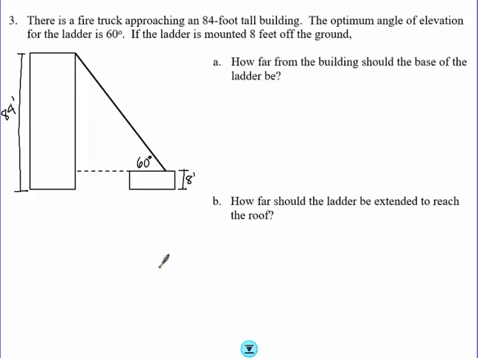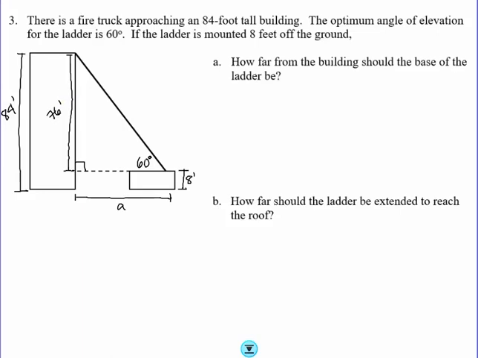We want to find this distance. Now, we know that this is a right angle, so we have a right triangle here. Because the ladder is 8 feet off the ground, this side of the triangle is 84 minus 8 feet, which is 76 feet.